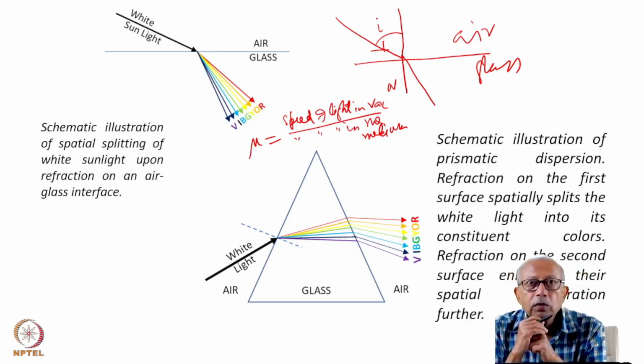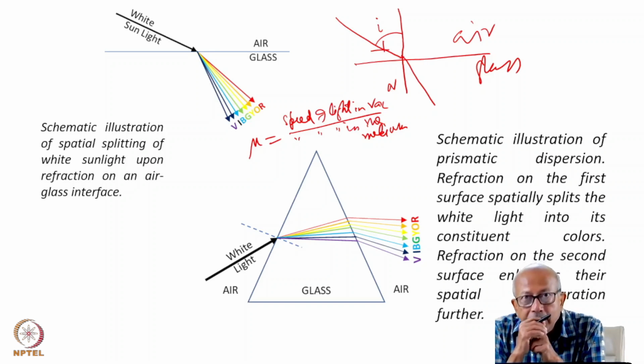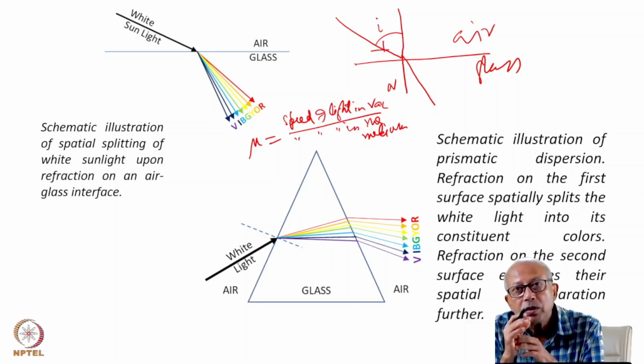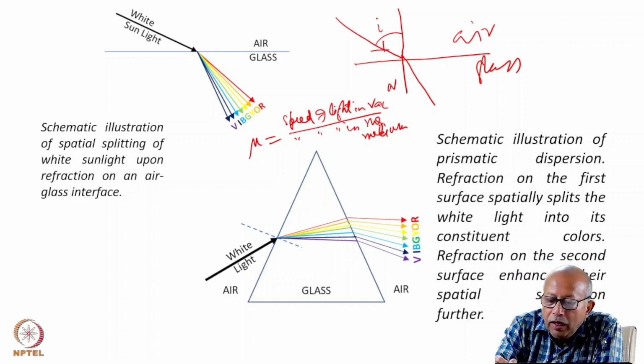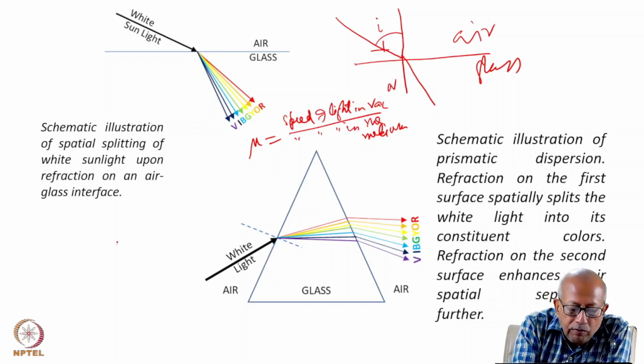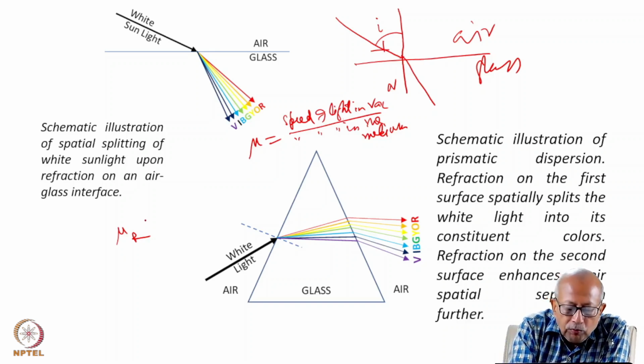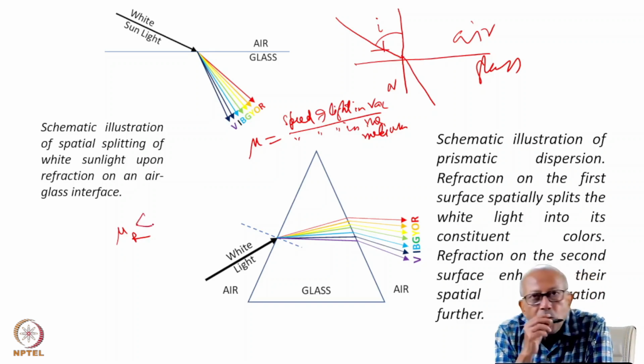Now it is known that the red light travels a little faster and violet light is the slowest, and all other light speeds lie in between. So that means what? If red light speed is the highest, then mu r will be the smallest, since the ratio is the smallest.